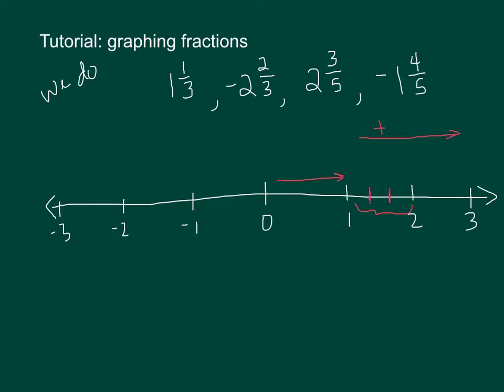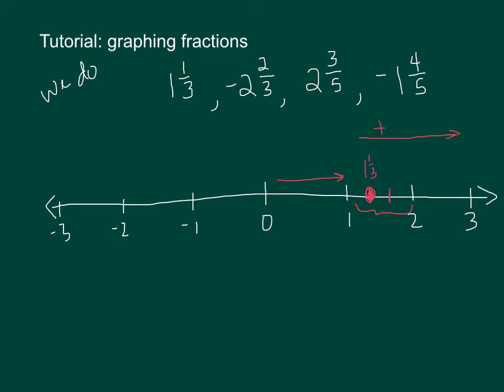That looks about right because I have 1, 2, 3. 3 equal pieces. And of those 3 equal pieces, I only get one of them. Remember, I'm in positive land, so I'm going this way. So I'm standing here on the 1. And I'm going to go across one of the 3 pieces because it's 1 and 1 of the 3. So that one is right there. 1 and 1 of the 3.